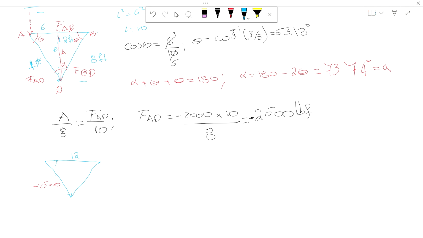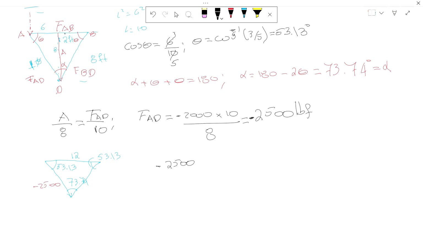Then we have this angle 53.13, this one 73.74, and this one 53.13. So we can use the law of sines.